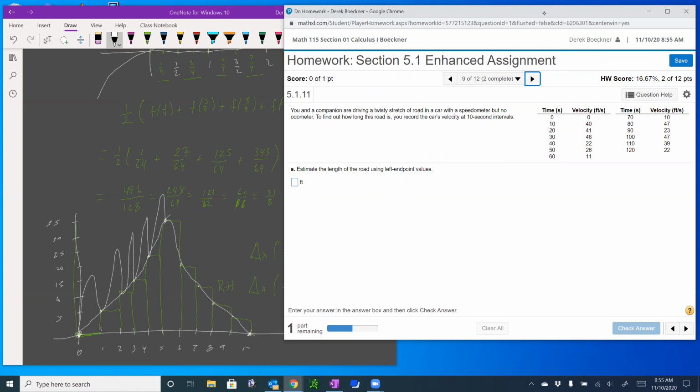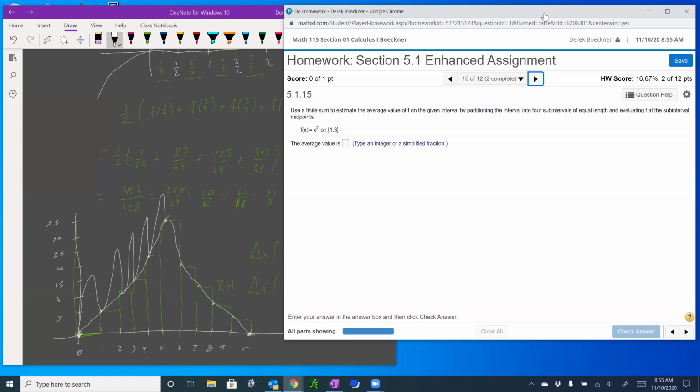We're moving 40 feet per second for 10 seconds, so that's about 400 feet there, plus another 41 feet per second for the next 10 seconds, so another 400 feet, and then about 480 feet, and then about 220 feet, and so on. So I can add up how many feet I've gone using left-hand endpoints or right-hand endpoints, and so on.